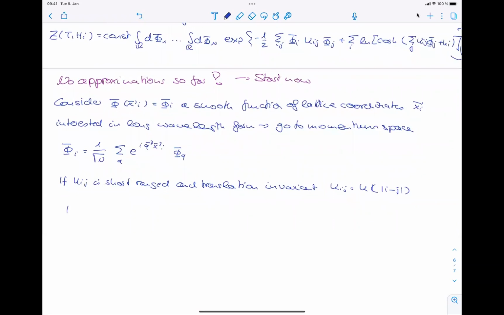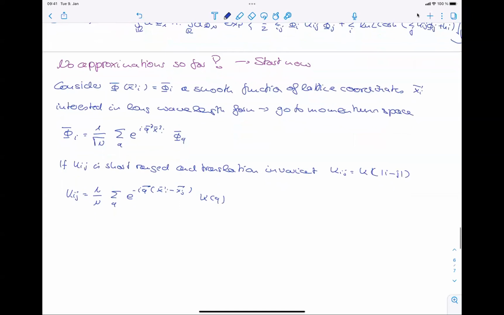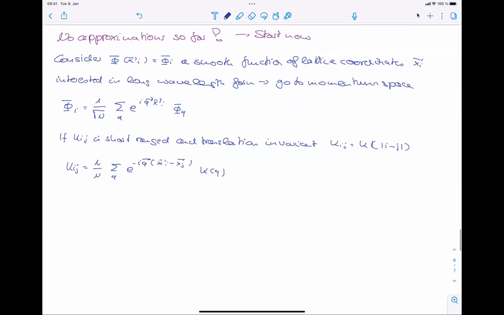Then I can also write my K_ij as 1 over N sum over q of K(q) e^{iq(x_i minus x_j)}, to arrive at our interaction strengths in the momentum space.